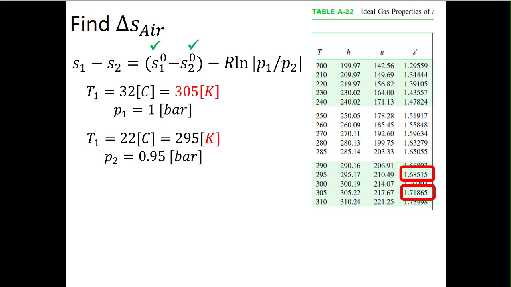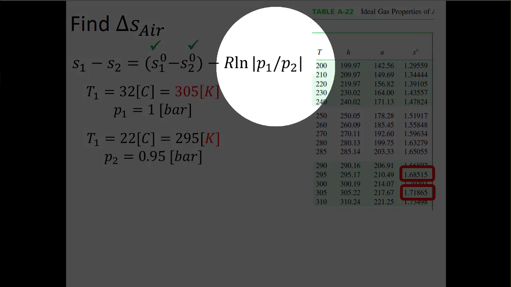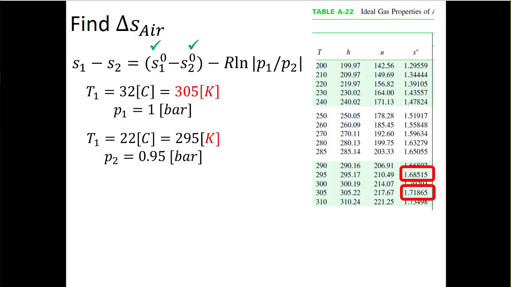I know those two things and I put them into my relationship. Now, here we're also given pressure, so that means this term is going to survive. So I have to evaluate that term too. But I believe I was given the specific gas constant, or I could take the universal gas constant and divide by the molar mass of air. I have P1 and I have P2.